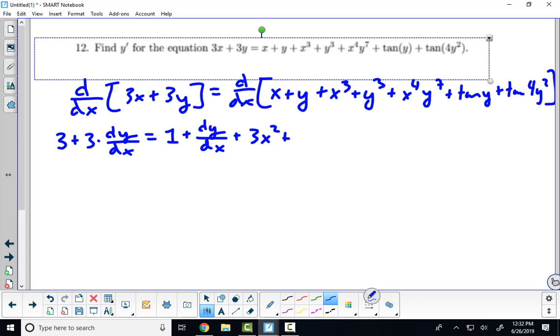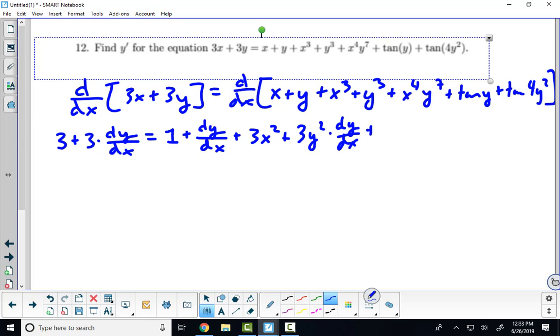I got 3y squared. Close, but no cigar. 3y squared times the derivative of y, because there's a what rule happening here? Chain rule. Y is some large expression involving x that I can't find, so we get a dy dx from the chain rule, which is why we had to cover the chain rule before we could cover this section.